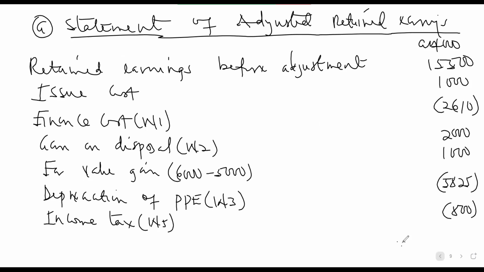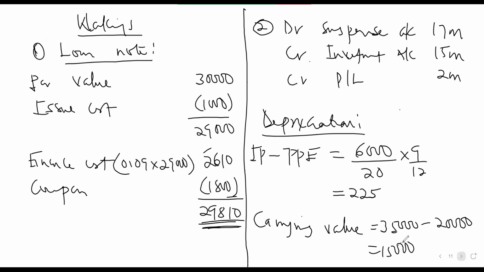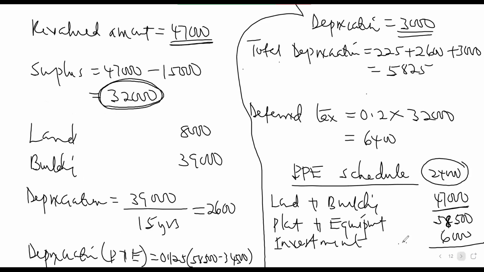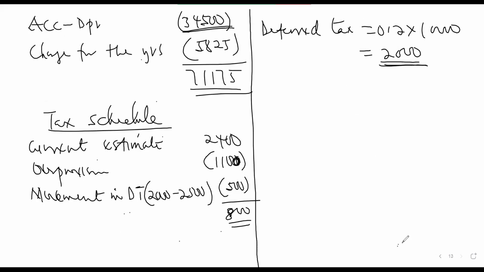So let's now put our total deferred tax together. You can see that we have a deferred tax relating to revaluation surplus of 6,400. And we also have a new deferred tax of 2,000. In other words, someone can calculate the total deferred tax like this. You can see that there was a temporary difference arising from revaluation of 32 million.